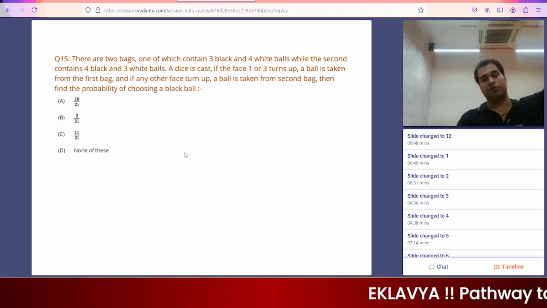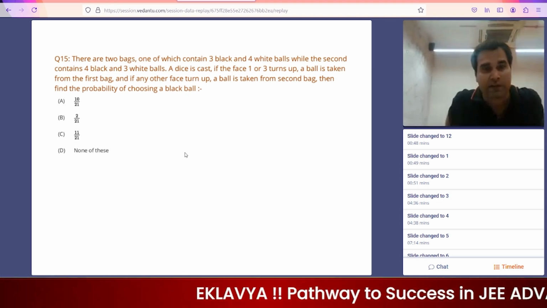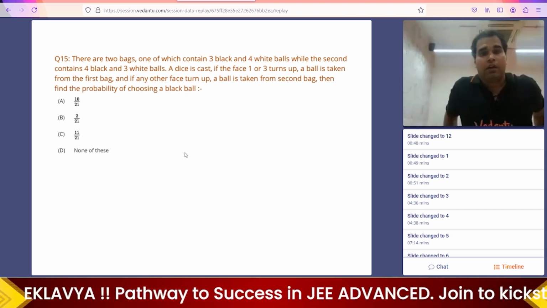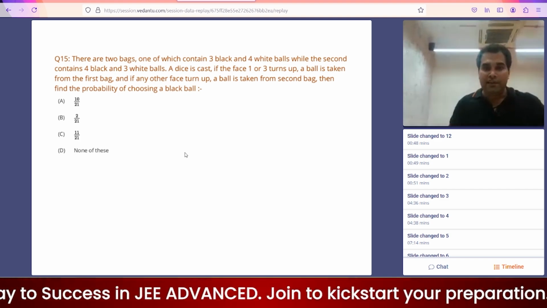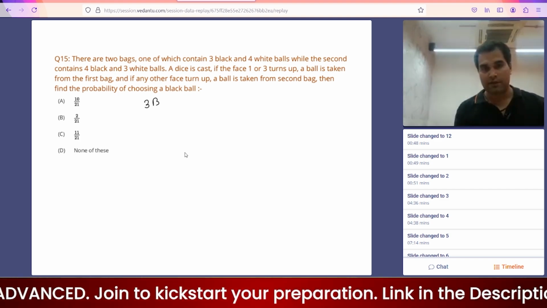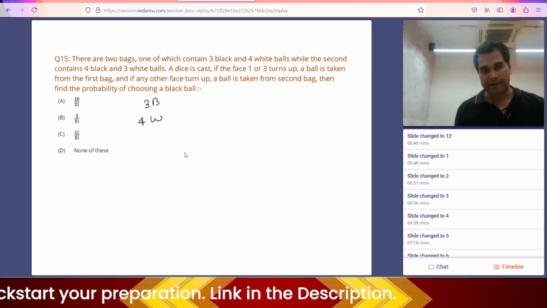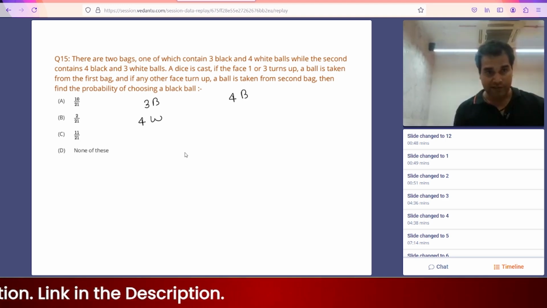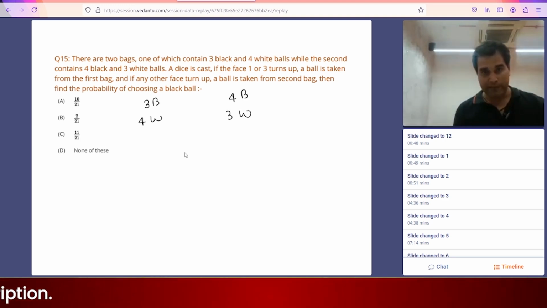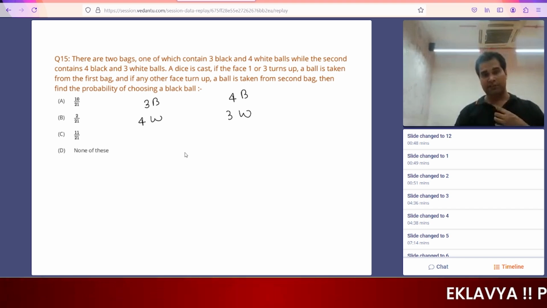Now, next question, question number 15. There are two bags, one of which contains three black and four white balls, while the second bag contains four black and three white balls. A dice is cast.